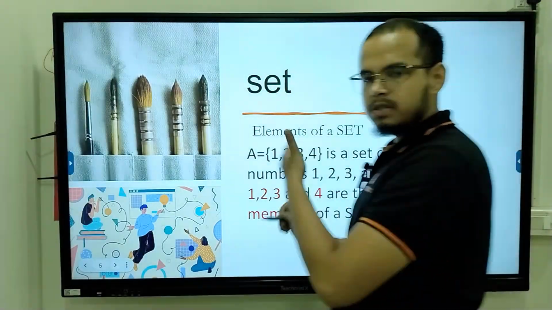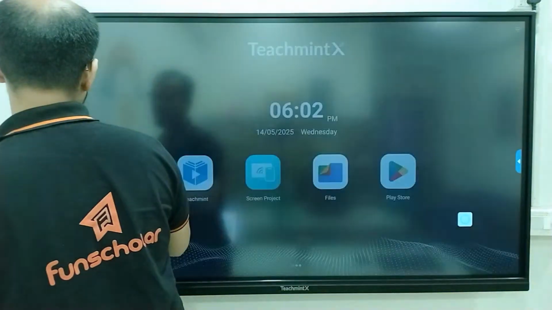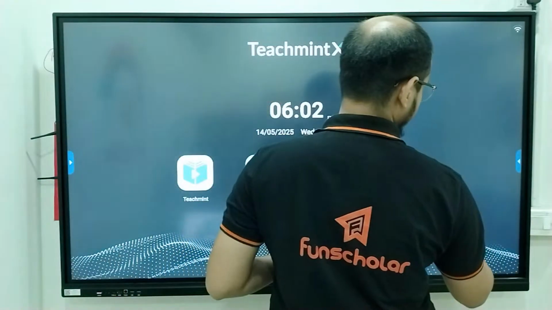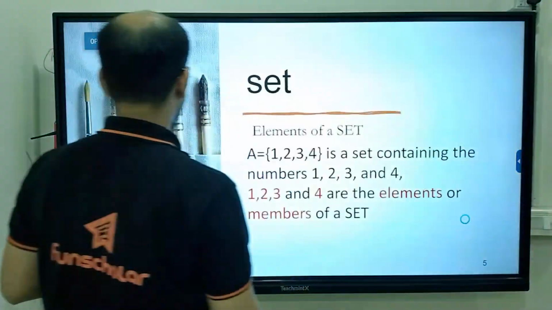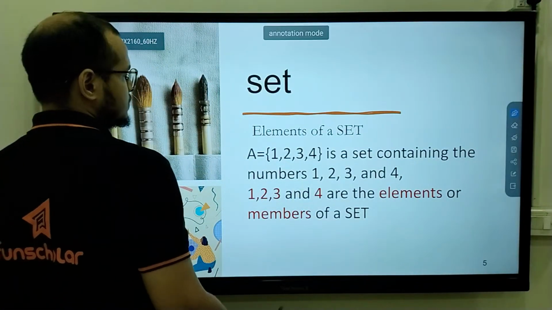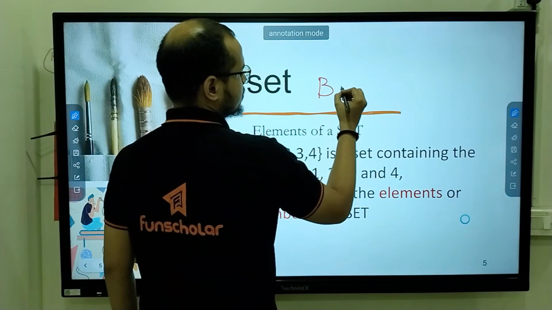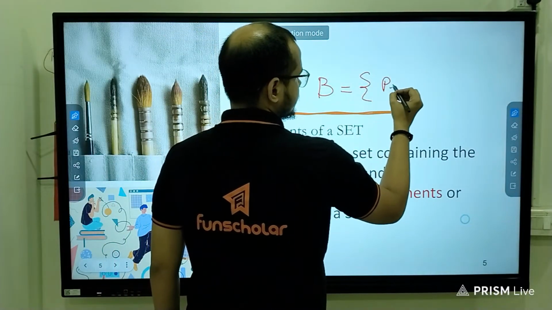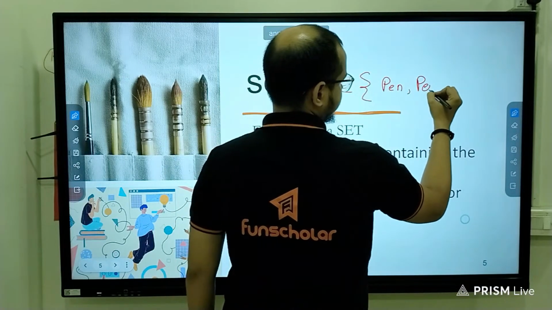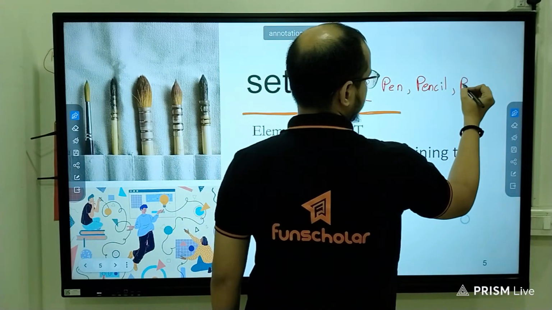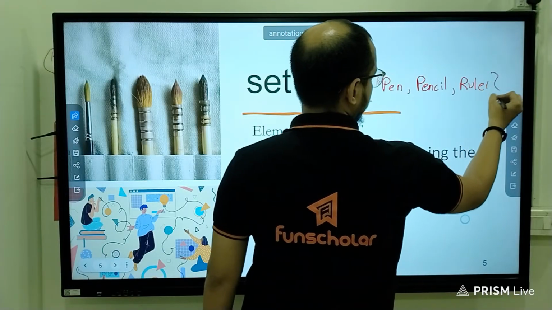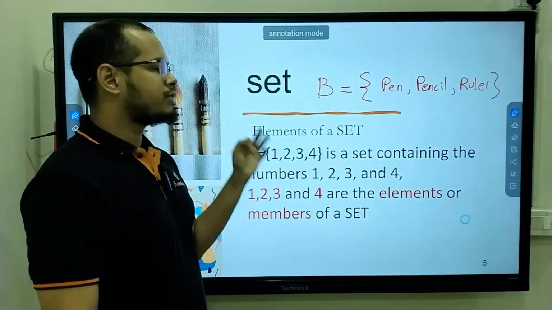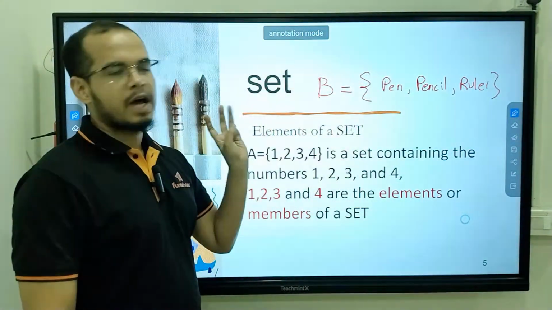So this is very self-explanatory, but if I write another set B and I say this is pen, pencil, ruler, in this particular set B we have three elements: pen, pencil, and ruler.